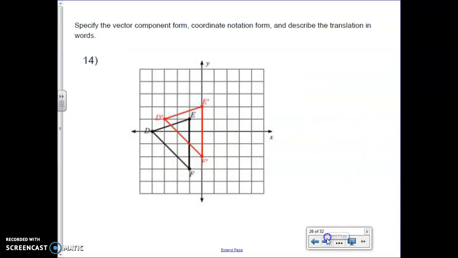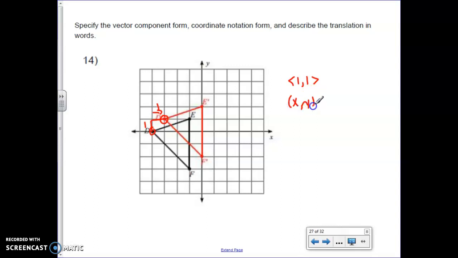And I'll just do one more with you guys. So I'm looking at D to D prime. Up and to the right. Up 1, right 1. I should know what my directions are. So I'm going 1, 1 in component vector form.